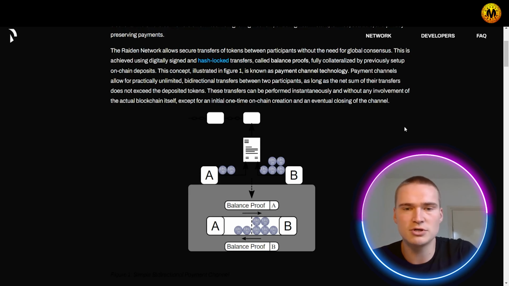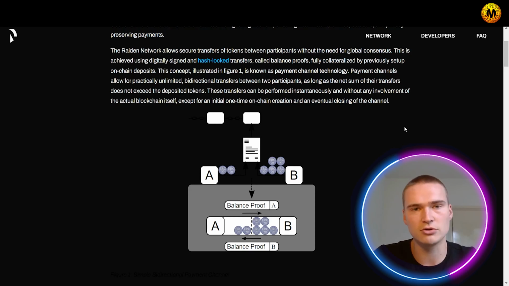So basically you open this channel on the blockchain, and then you deposit a token, but then the transfers between those people within that channel, you don't need to pay fees on that. You just do that within a channel, and then eventually you will close that, and then the final state will be transferred onto the blockchain, so on-chain.